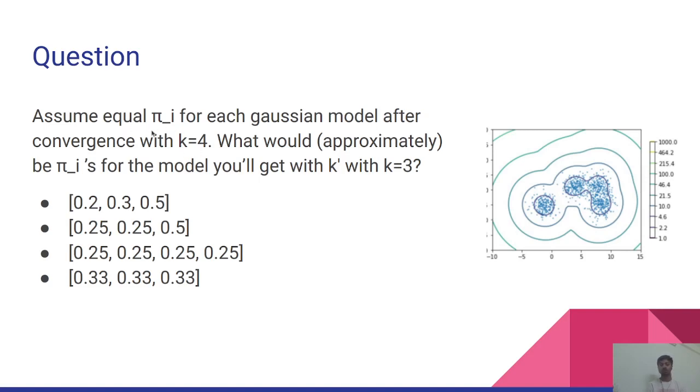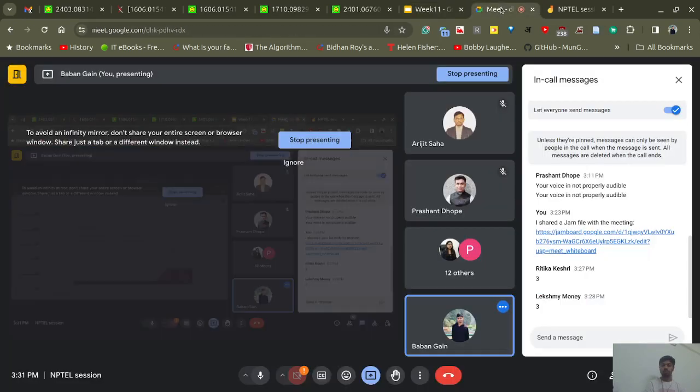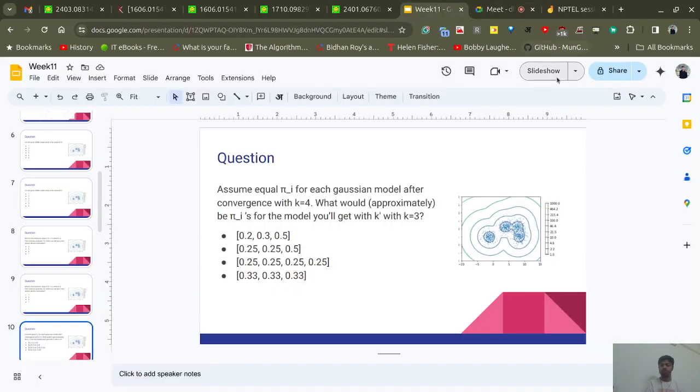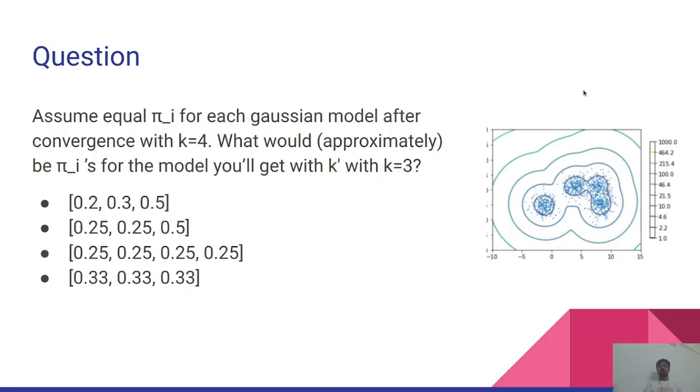What are the values of the pi i's for all the cases? If k equal to 4 and we have pi 1, pi 2, pi 3, pi 4, and we sum all of them, what would be the value?